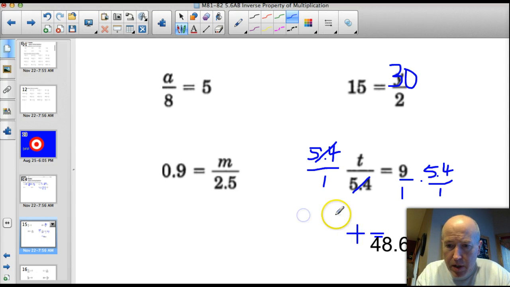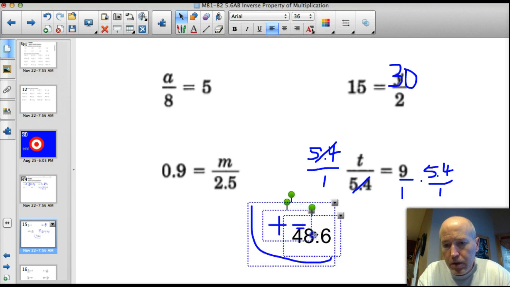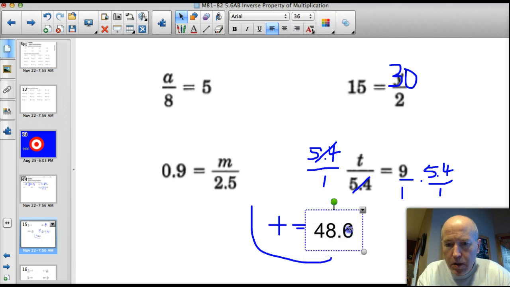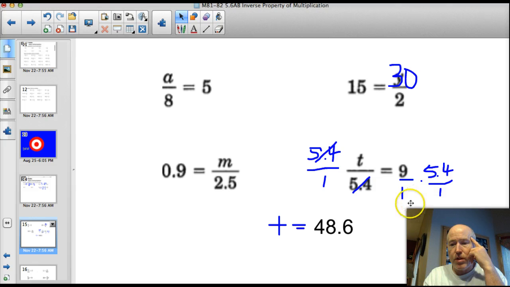I'll just type that one in, and I'm going to move all of that over so you can see it a little bit better. So t equals 48.6. That's what I'm thinking the answer is.